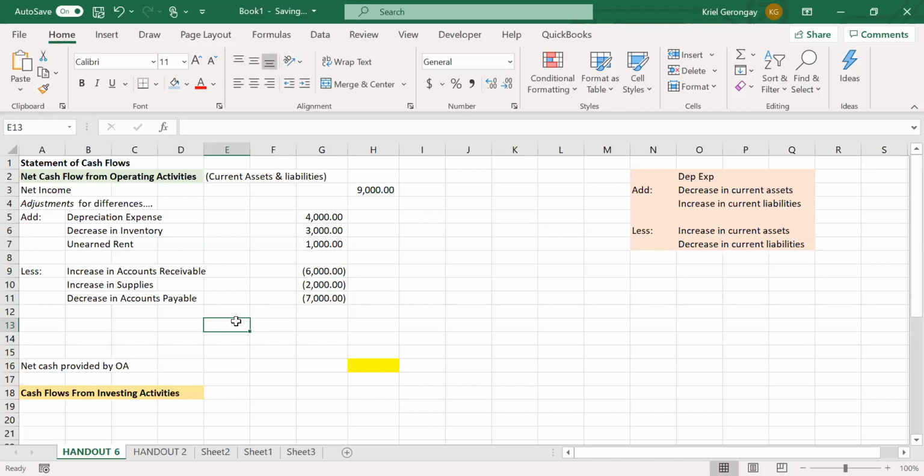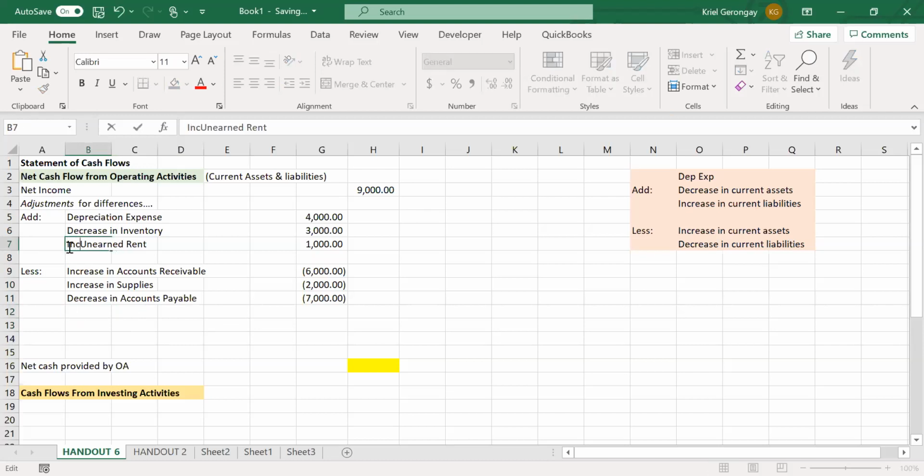If you look at the balance sheet, your accounts payable balance for 2019 is 11,000, and then in 2020 it became 4,000. So it decreased by 7,000. Right. Thank you. And I think that's it for accounts payable.